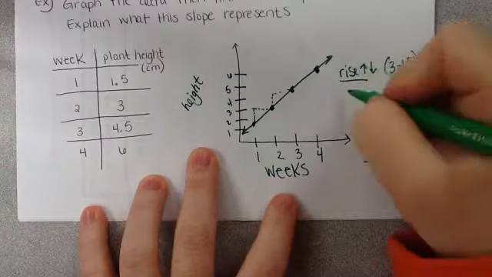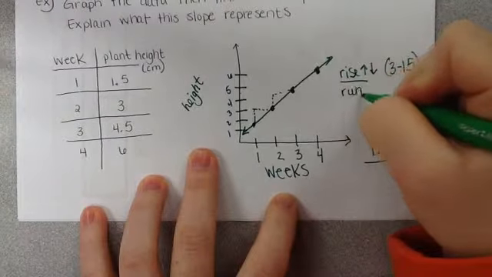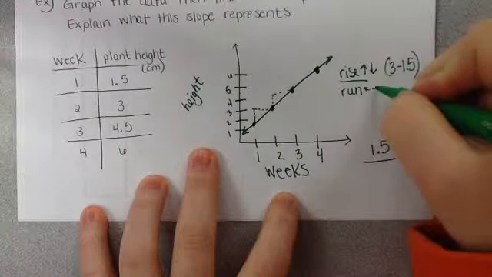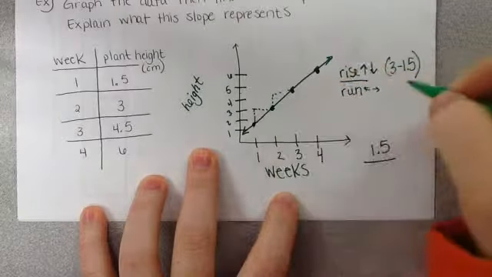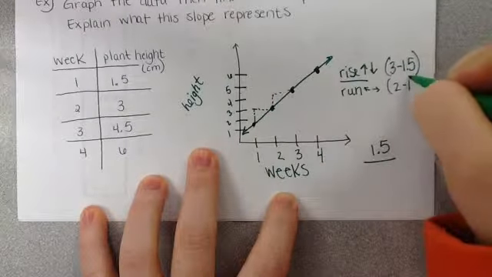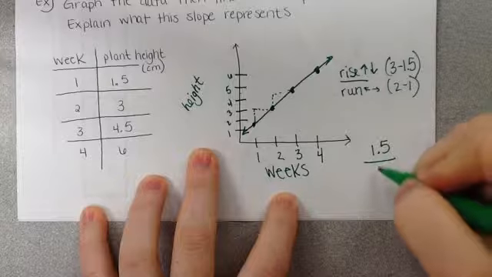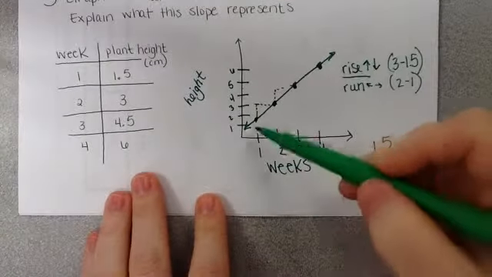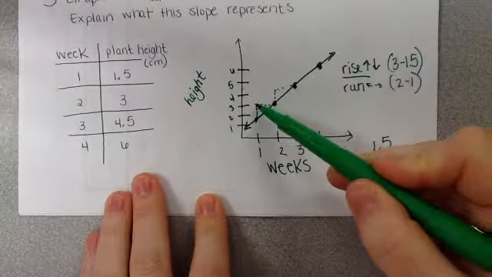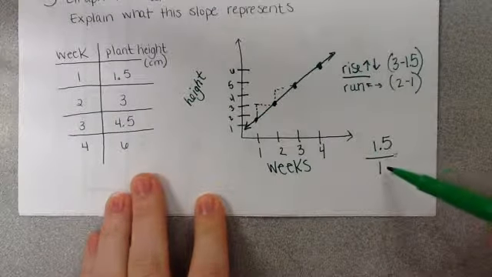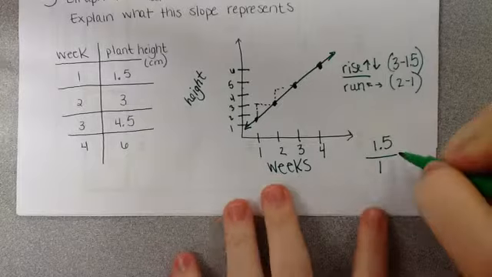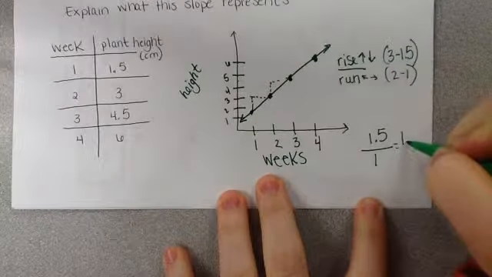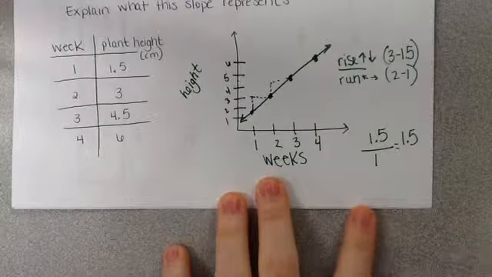Rise over what goes on bottom? Run. This is left or right. So I'm going from 1 to 2. That one's pretty easy. How is that changing? By 1. So how much am I going up? 1.5. I'm going over 1. So 1.5 over 1. Anything over 1 is just 1.5. So the slope is 1.5.